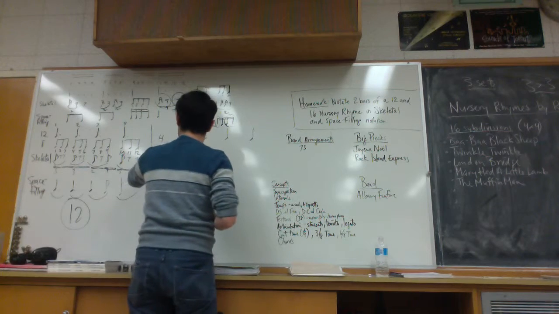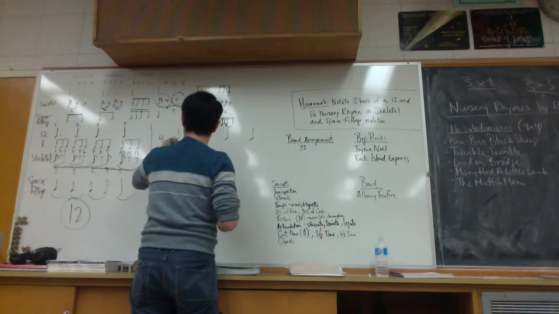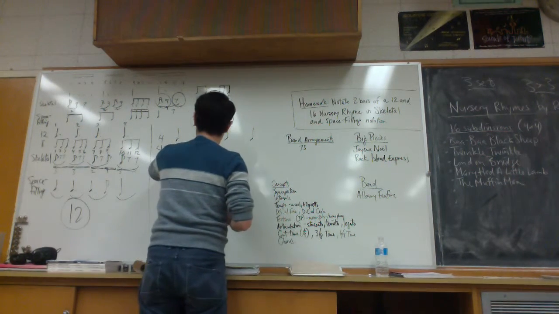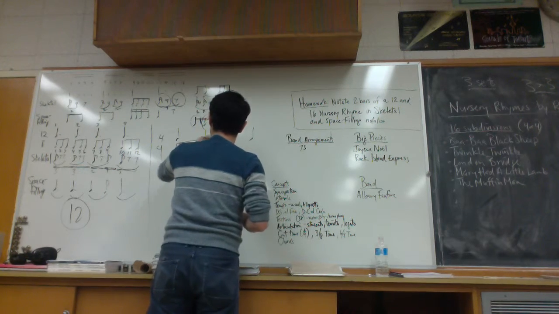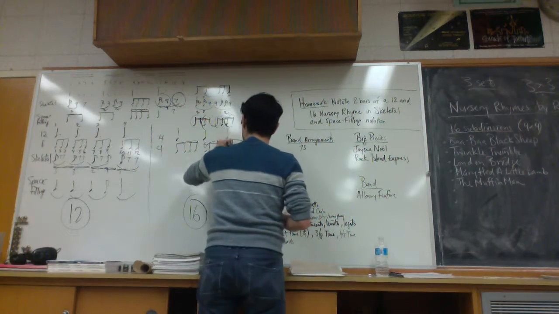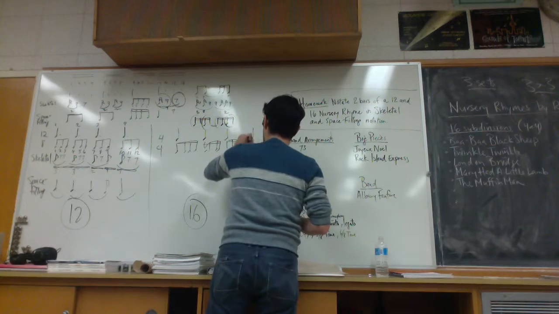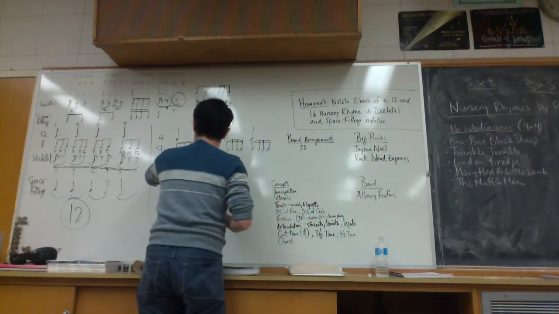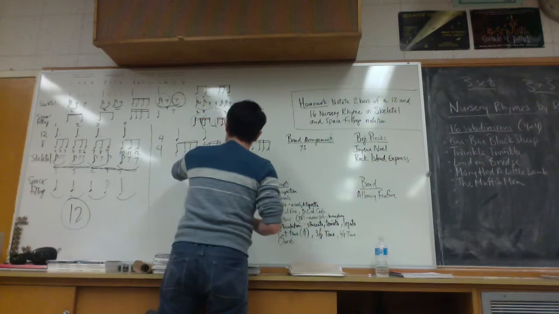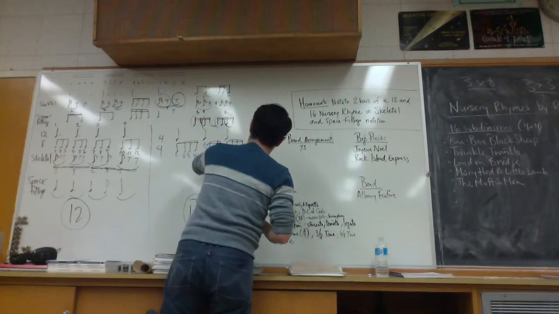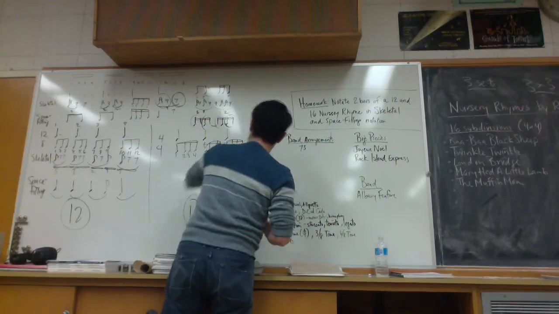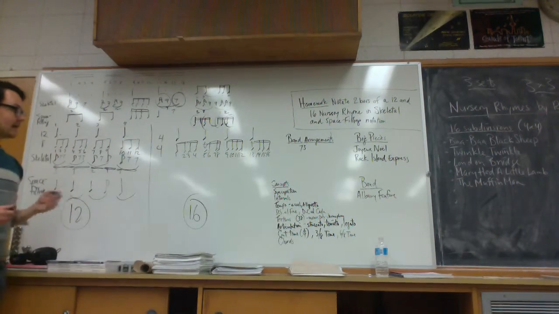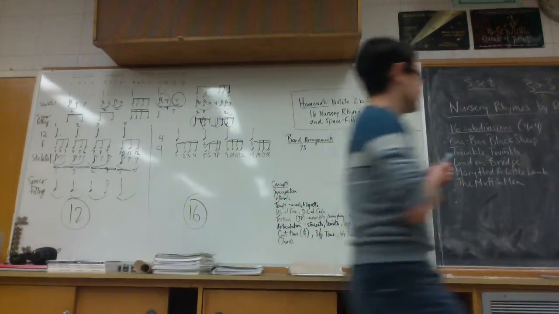Those we can divide up into 1, 2, 3, 4, 5, 6, 7, 8. So 1, 2, 3, 4, 5, 6, 7, 8, 9, 10, 11, 12, 13, 14, 15, 16. Okay, let's pick one.